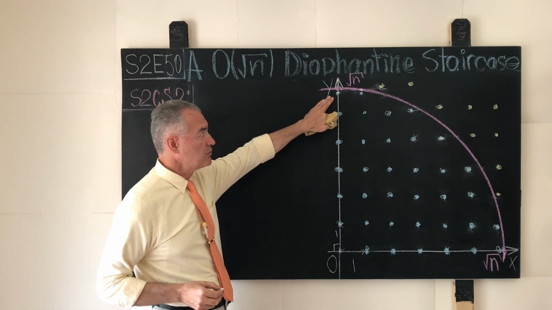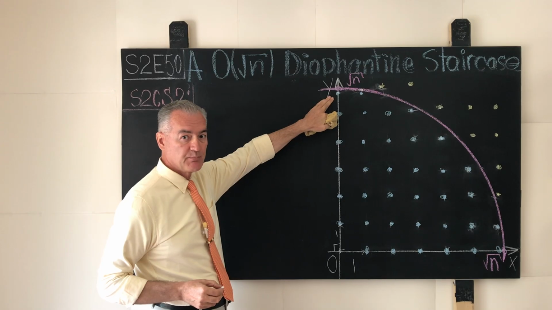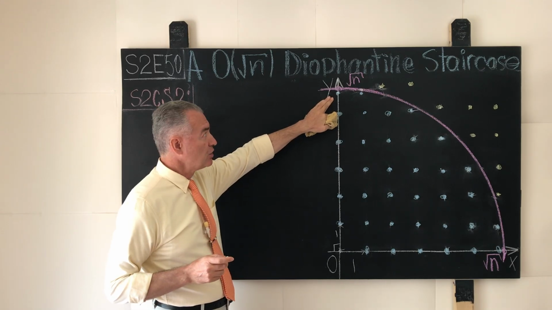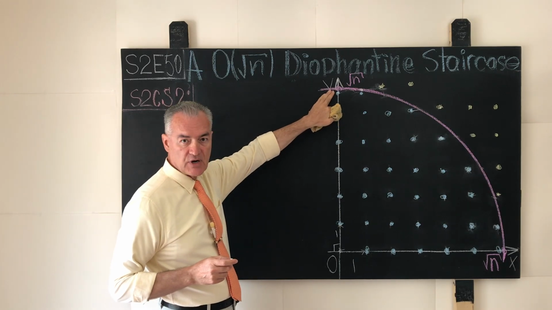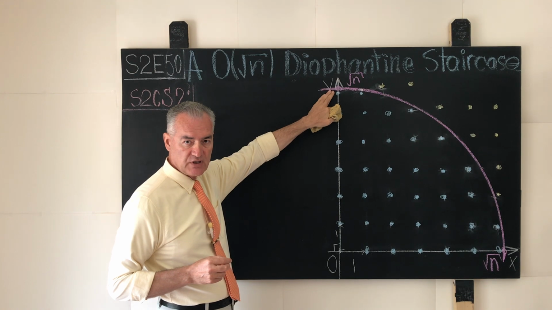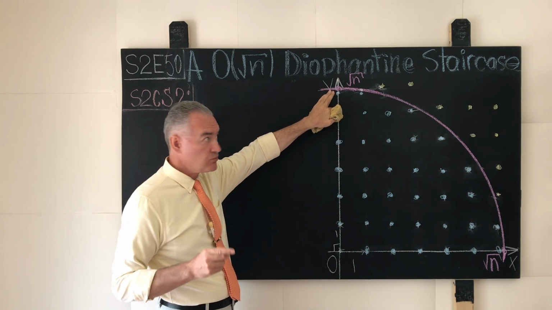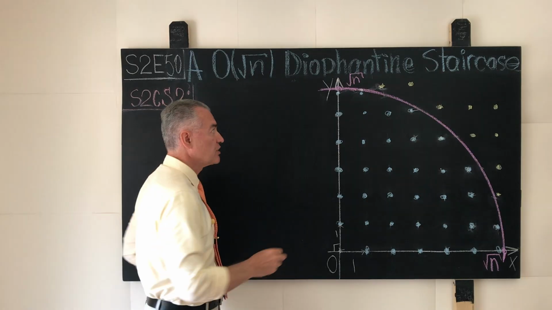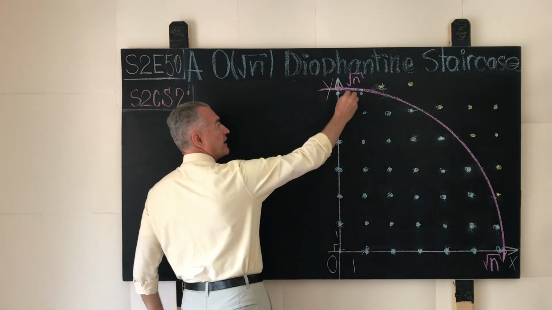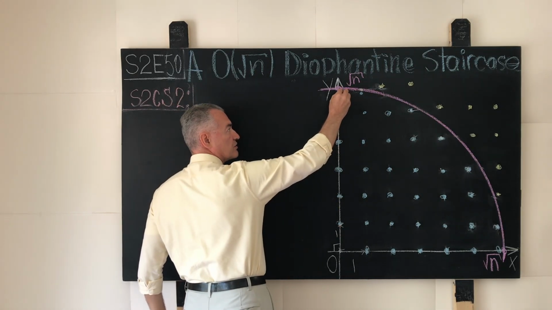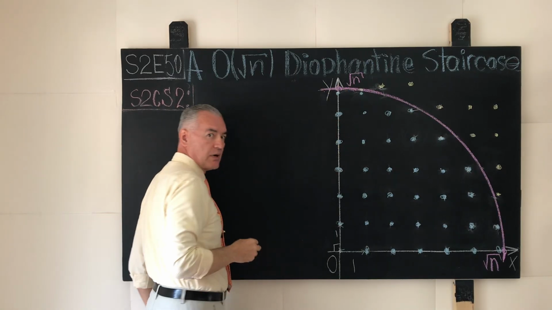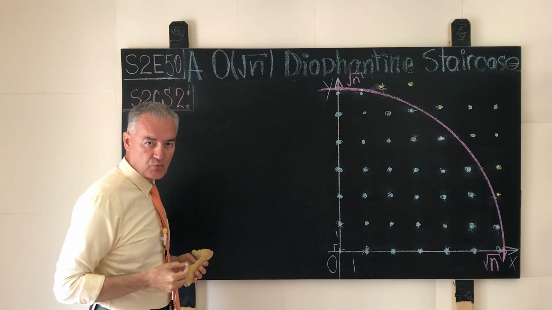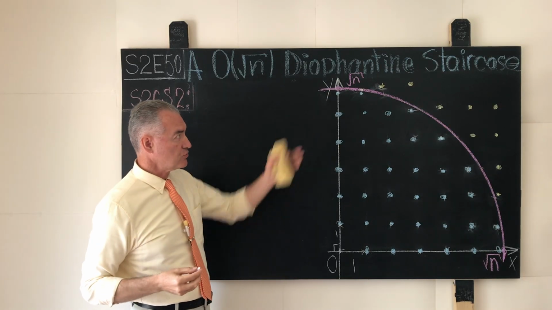You will be able to climb as high as possible until you bump into the graph of the bounding origin-centered circle of radius square root of n. And because of the strict inequality, we have to come down to the highest integral point that is just under the arc of the bounding circle. That is how far we can climb up the y-axis.